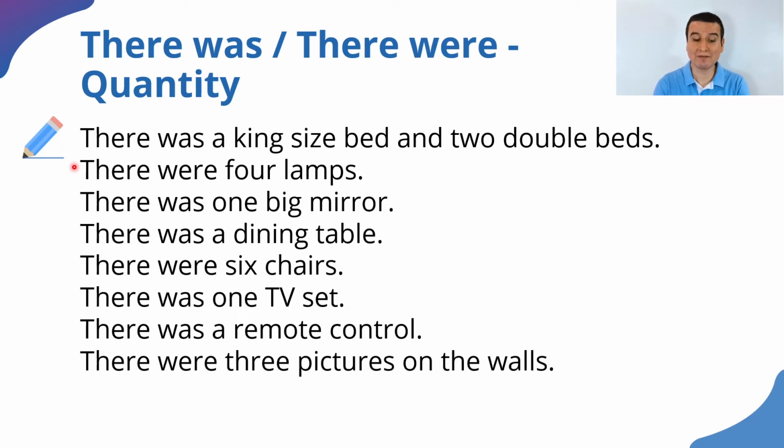That is a plausible inventory. There was 1 big mirror. There was a dining table. There were 6 chairs, using numbers. There was 1 TV set. There was a remote control. There were 3 pictures on the walls.